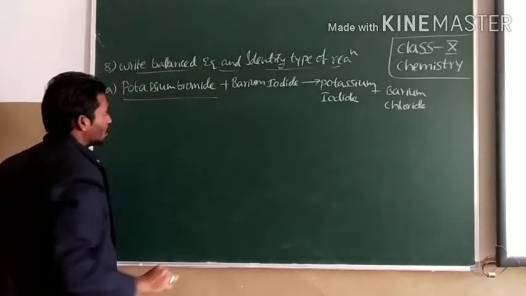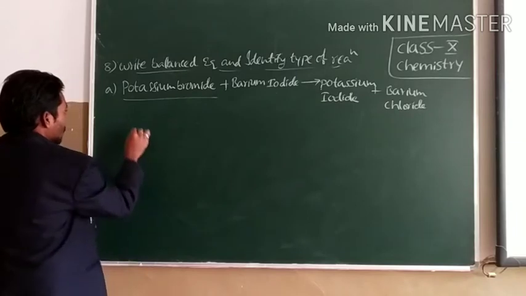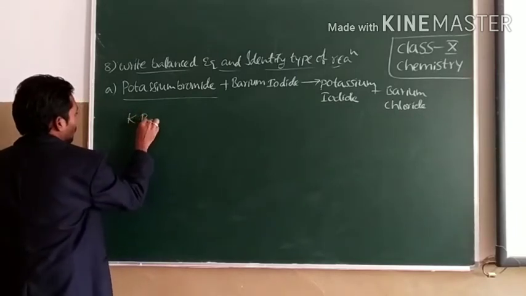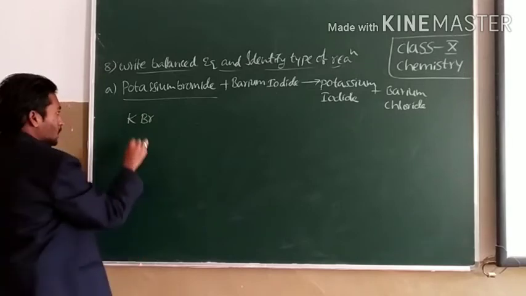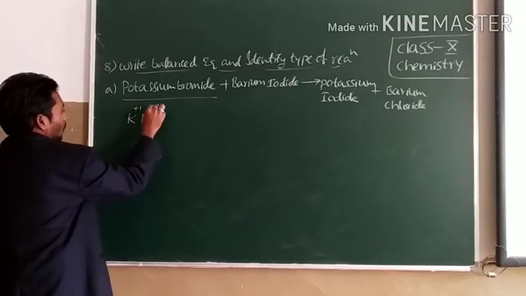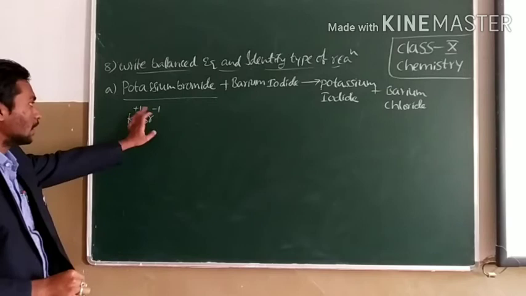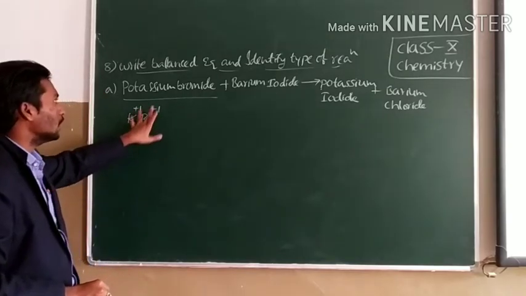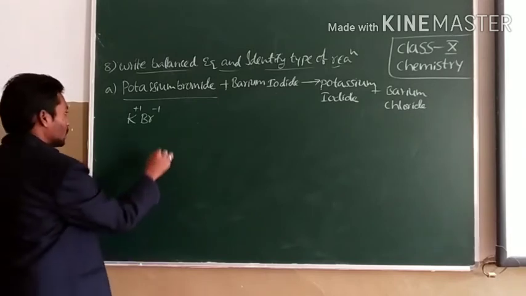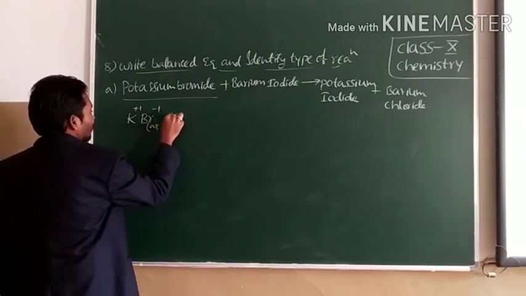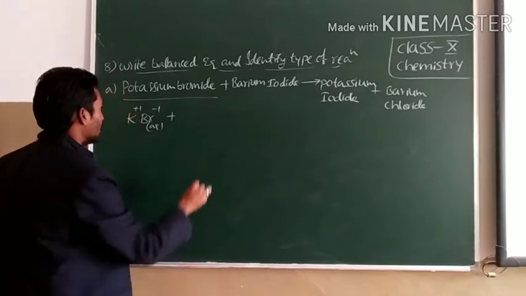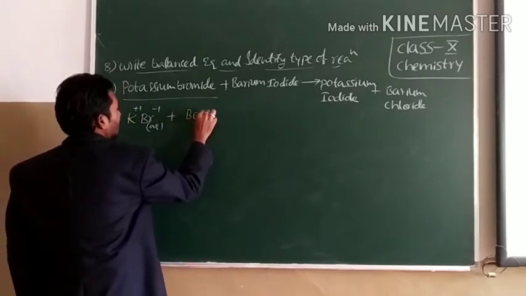Formula of potassium bromide: potassium symbol K, bromide symbol Br. Potassium charge plus 1, bromide charge minus 1. The charges are balanced here, so KBr is the formula of potassium bromide, in aqueous state. AQ indicates aqueous state. Barium iodide: barium, Ba, is plus 2.